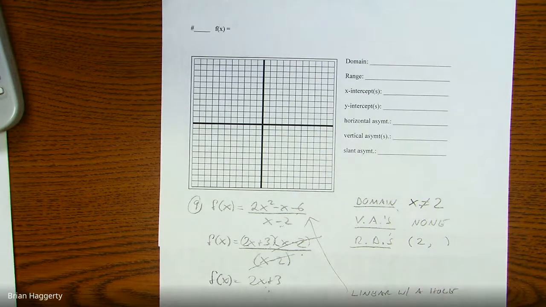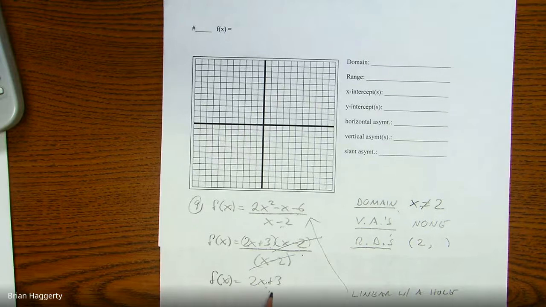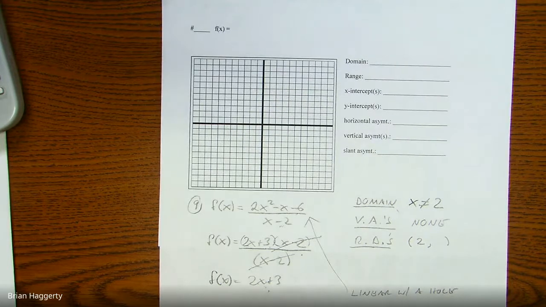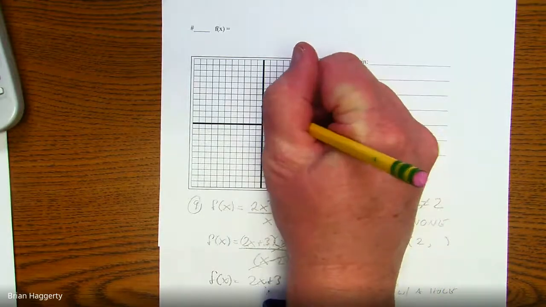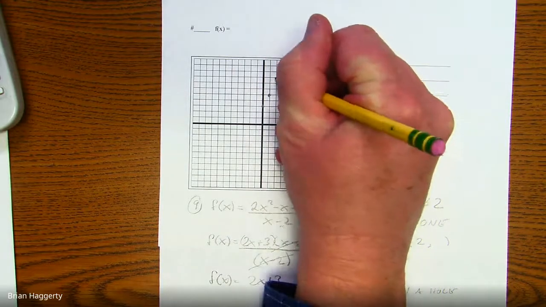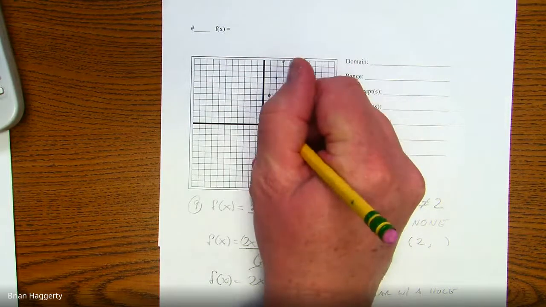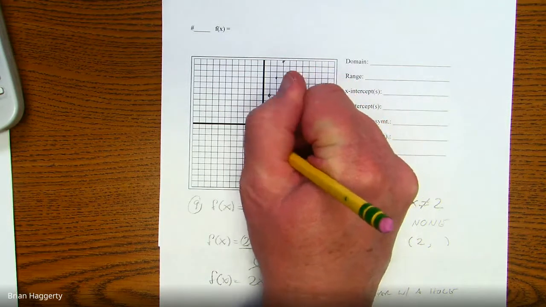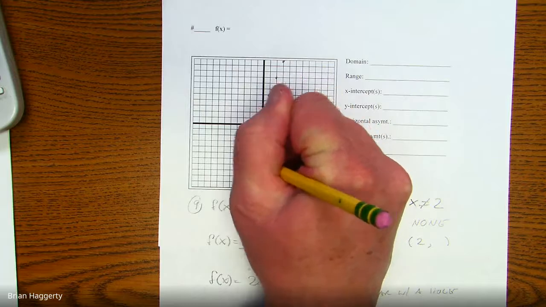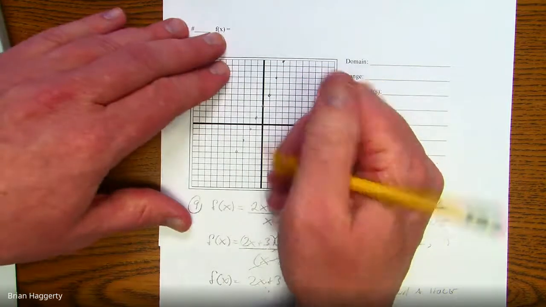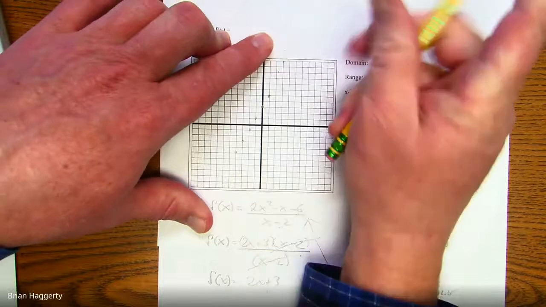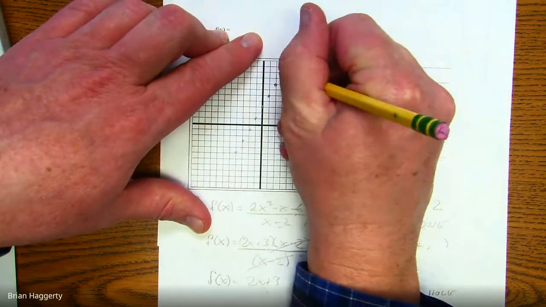So when we graph this, we're going to graph the line y is equal to 2x plus 3, and we're going to show a hole at 2 comma whatever. So this has a y-intercept of 3, slope of 2. Oops, I didn't count right on that one. Slope of 2, up like that.